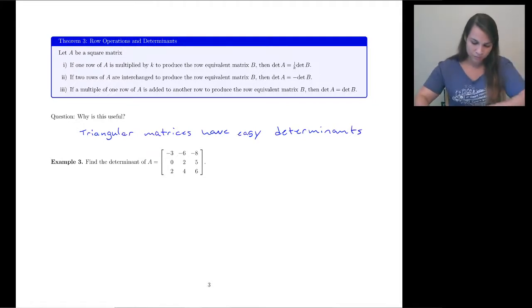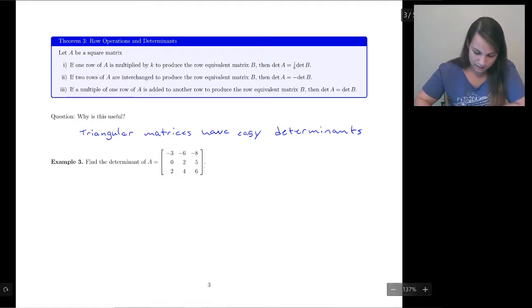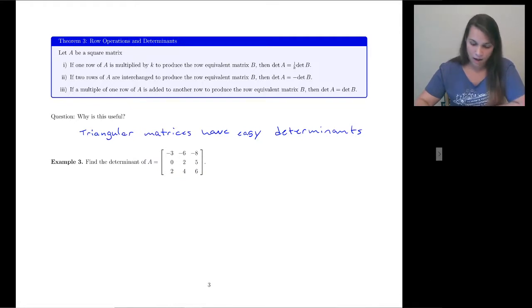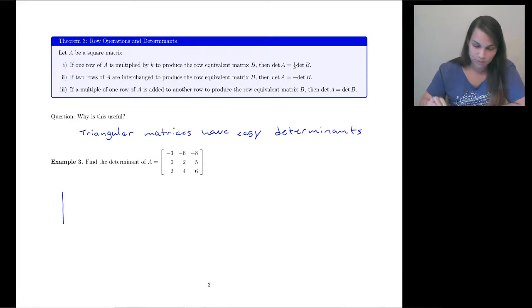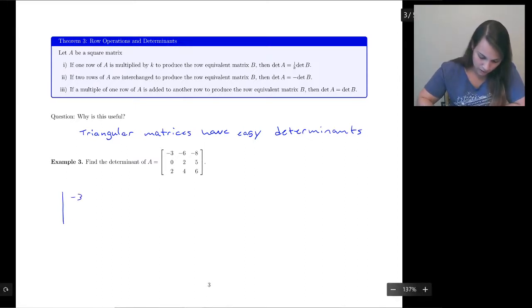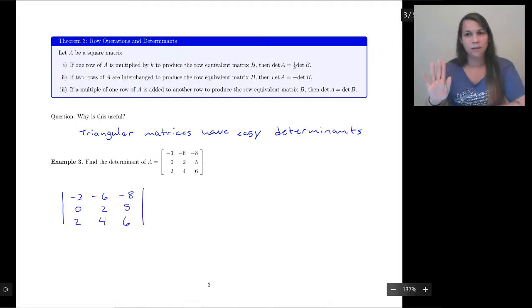Would that help? Well, let's try and do that for example 3. Once again, I see this row and I'm like, oh, if I just multiply that by a 1/2, then I can have that easy 1 in that first entry. So -3, -6, -8, 0 to 5, 2, 4, 6. And then subtle difference.